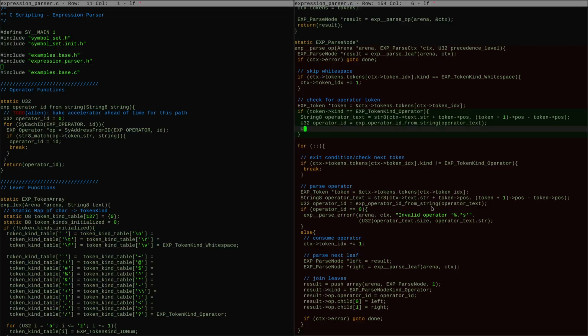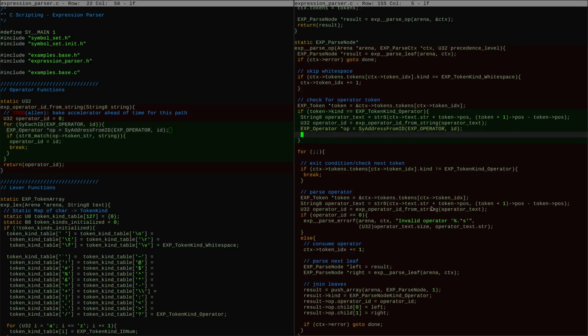And then precedence ID, or maybe just precedence. How do I want to do this? I get the ID, I'm gonna get the operator. I'm gonna get the precedence.